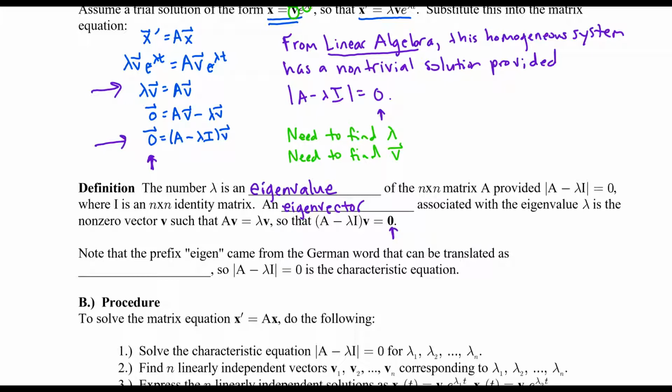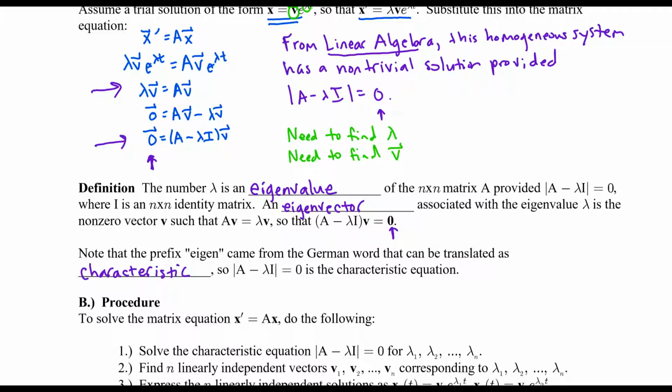Now, eigenvalue is the word for lambda. Eigenvector is for v. If it sounds like we're talking German, it's because those are derived from the German language. The prefix eigen came from the German language, and it can be translated as characteristic. So we're talking about the characteristic values and the characteristic vectors.